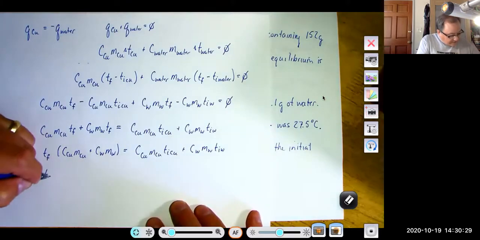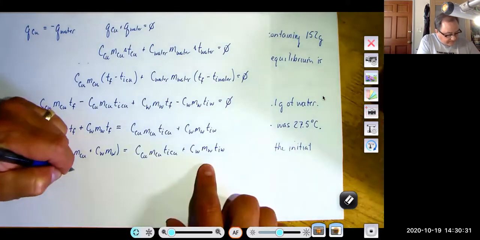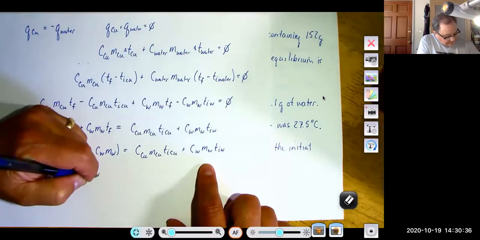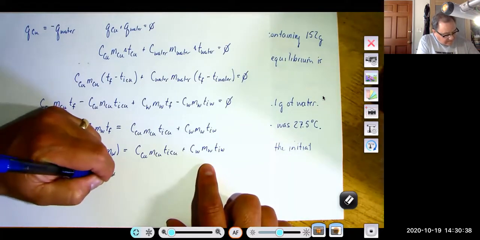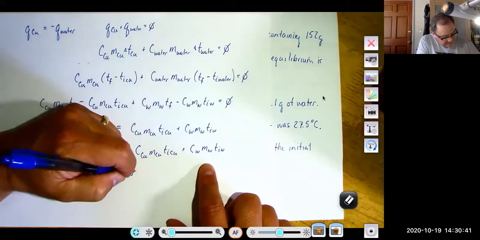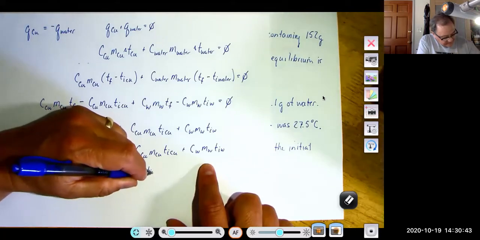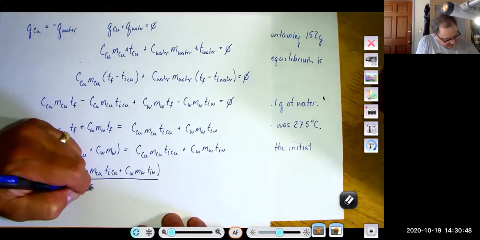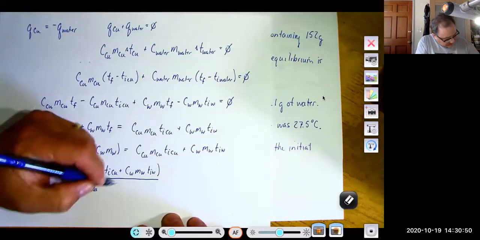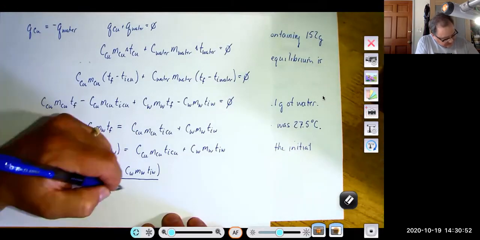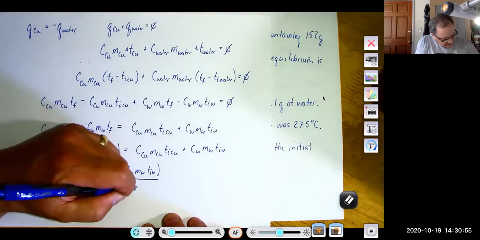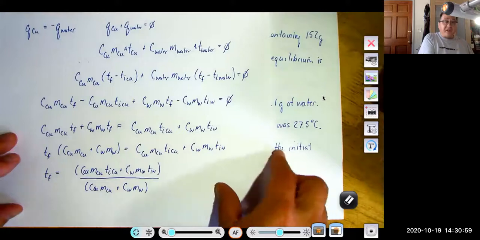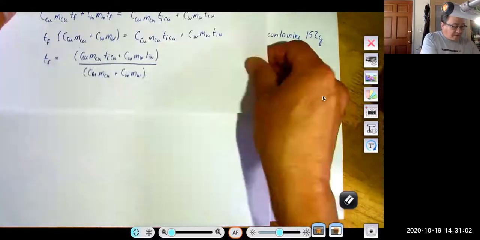T final is going to be equal to this whole mess here, divided by this whole mess here. So now it's a plug and chug as long as I have all of these values.